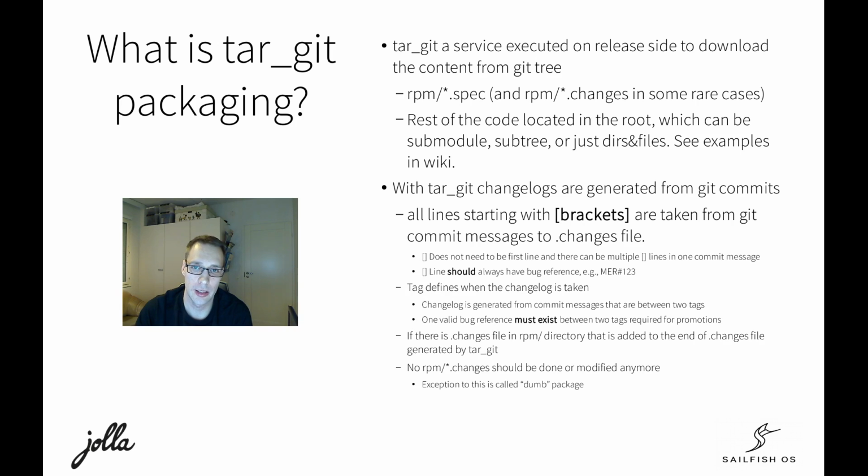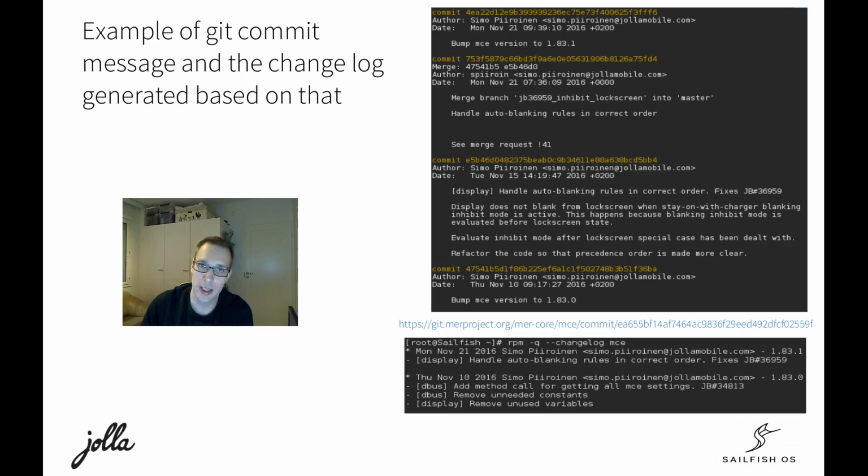two different tags. So on the next slide, I have an example of an MCE package. There are two commits or tags here. Basically, this commit is tagged 1830, and this commit on the top is tagged 1831. Between these two tagged commits, there's one commit which follows this bracket syntax with the comment as well as this fixes tag on the end.